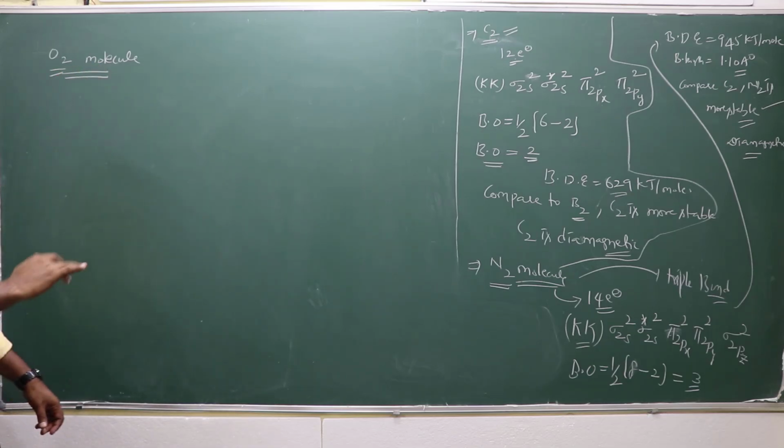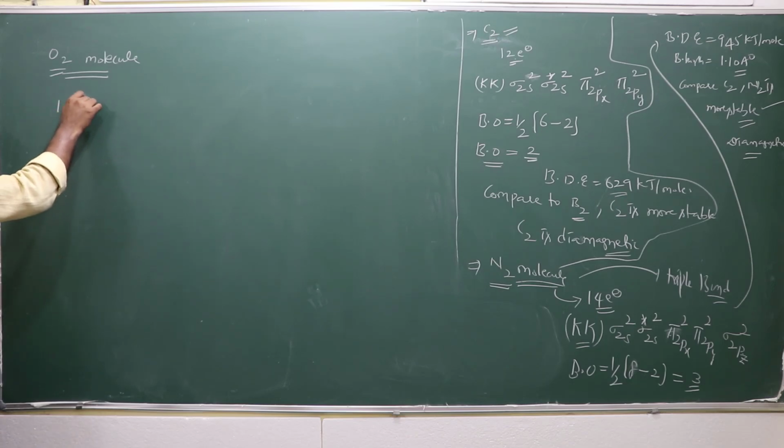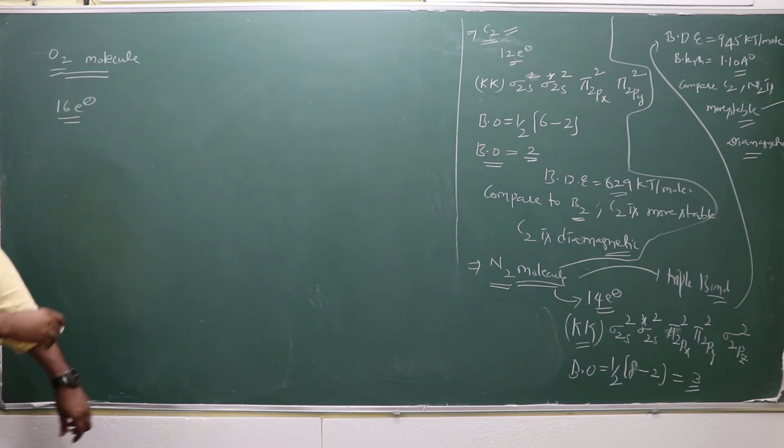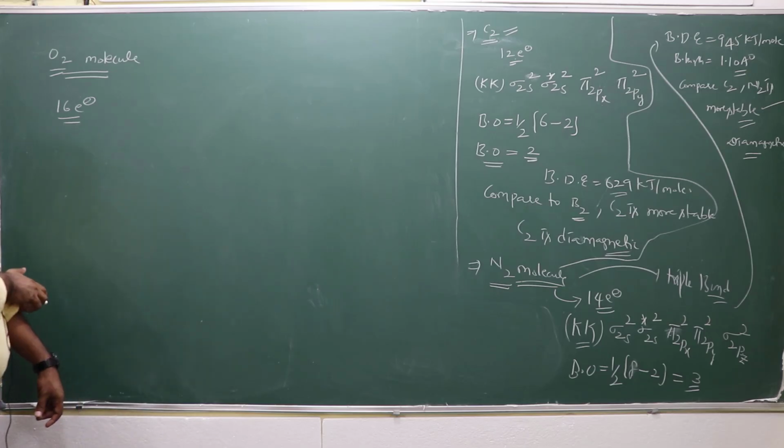In the second row, after N2, O2 is there. N2 has 14 electrons. O2 has how many electrons? 16 electrons. Oxygen atomic number is 8, so 8 electrons each, 2 oxygen atoms, total 16 electrons.